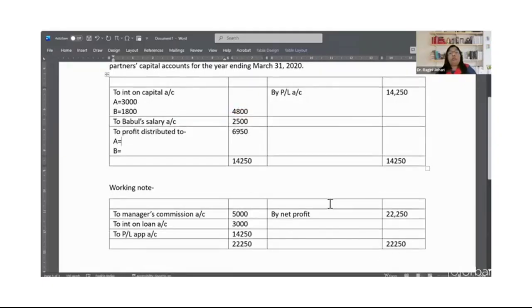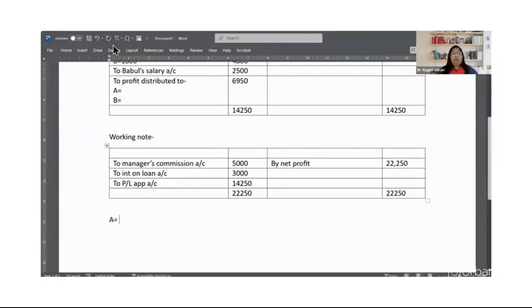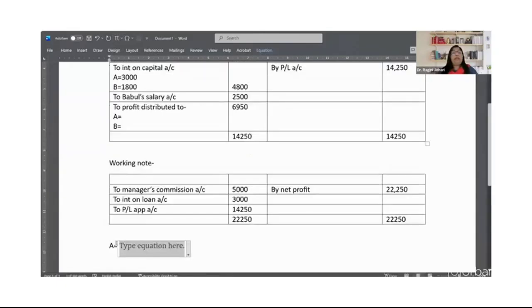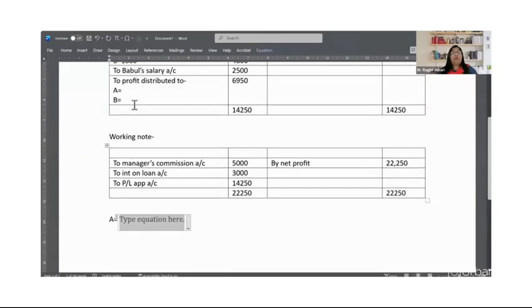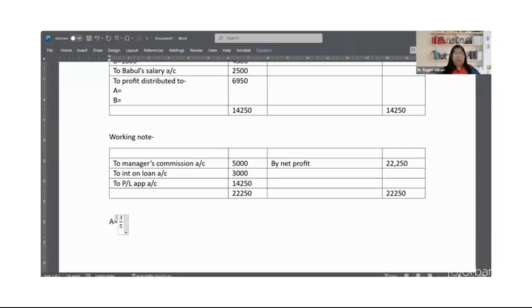So, dividing this in 3:2 ratio, that is again taking you to working notes. 3:2 means 3/5 for A, that is Amitabh, and 2/5 for Babu. So Amitabh's share from this would be 3 upon 5 multiplied by 6,950. From this, how much do we get?